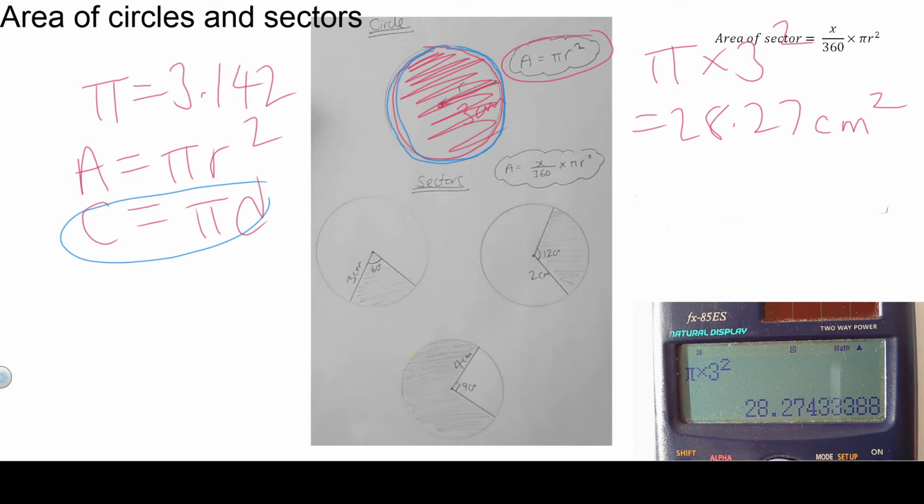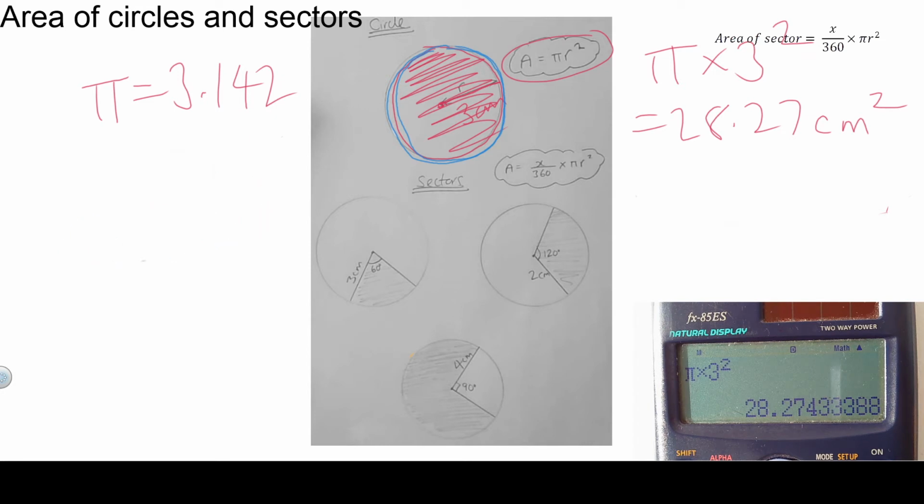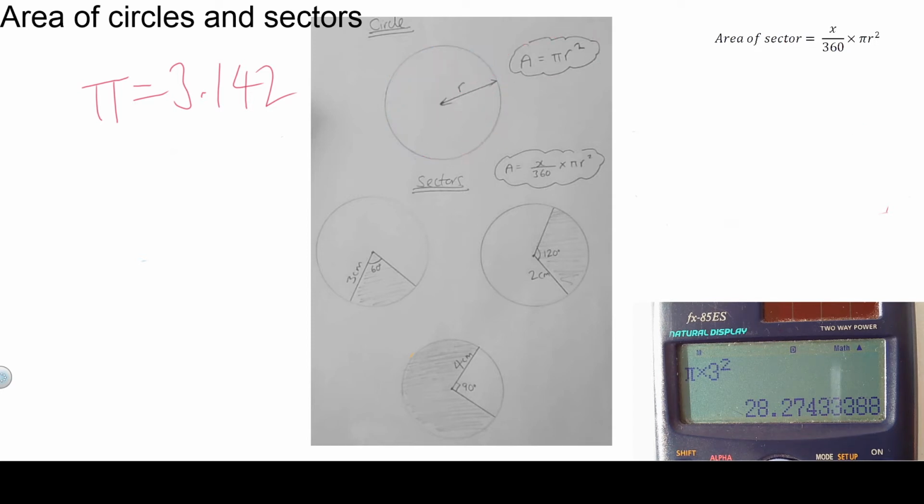Right. So in this topic, to work out area of a sector, we'll be looking at area of your circle. There is a formula on the top right hand side of the screen that gives you the area of a sector, where the x represents an angle. So let's look at the first question over here.